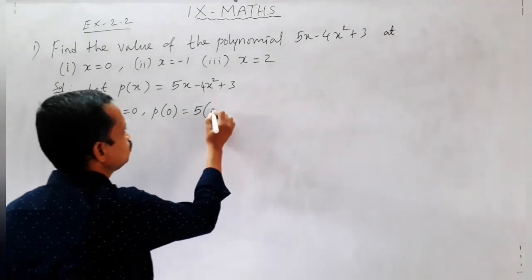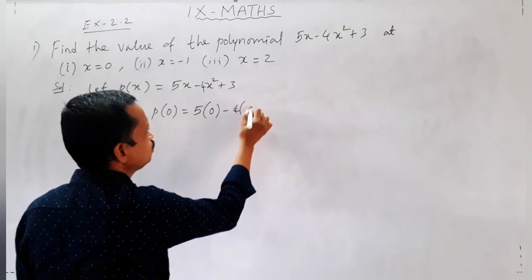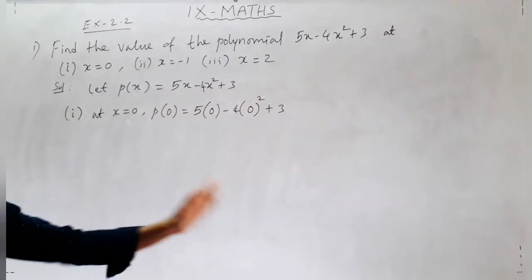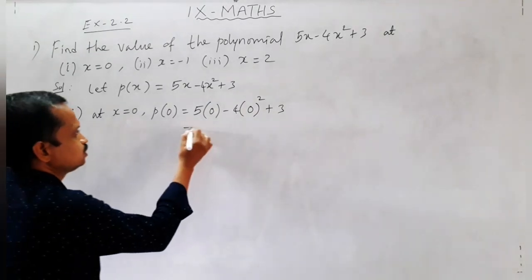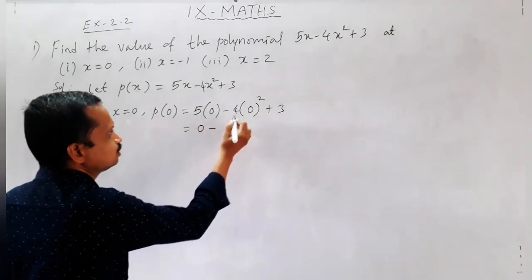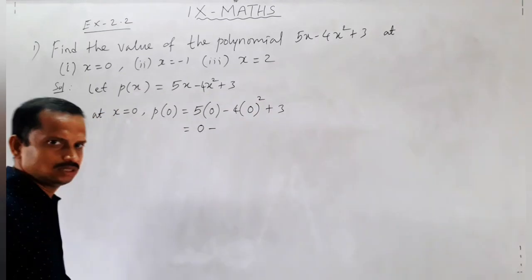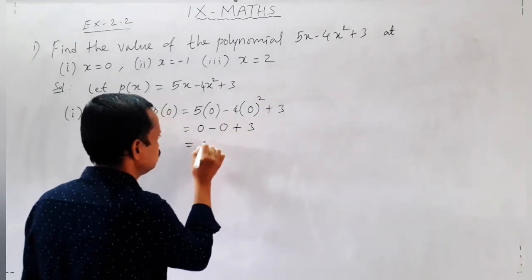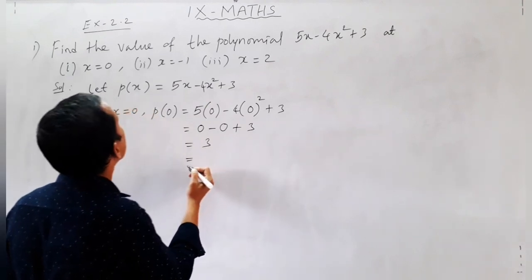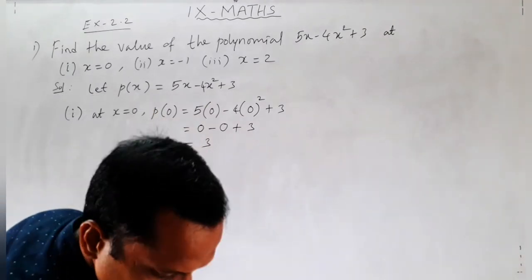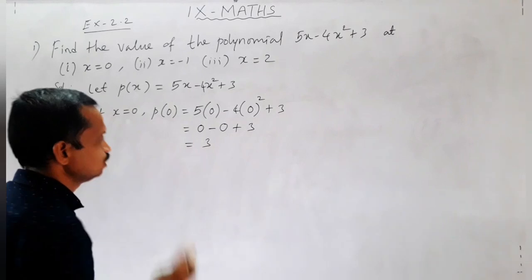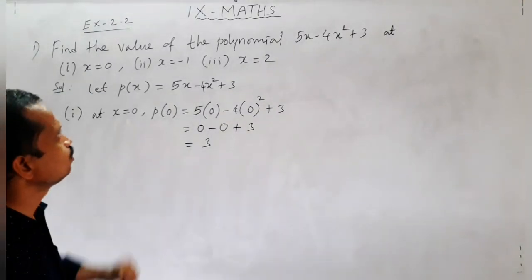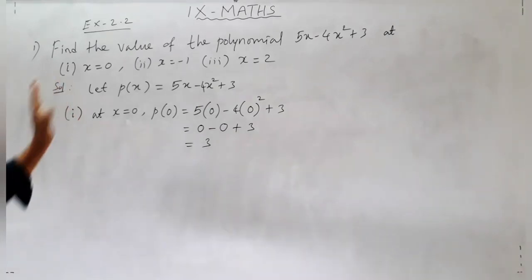So 5 into 0 minus 4 into 0 square plus 3. 5 into 0 is 0, minus 4 into 0 square also 0, and then we get 3. So 3 is the value of the polynomial when x equal to 0.